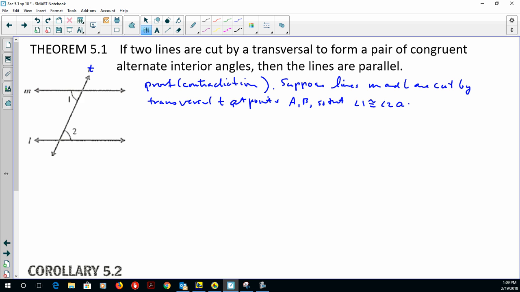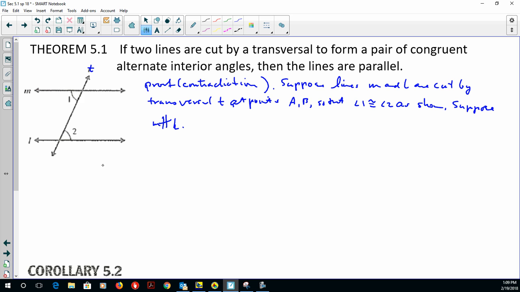And let's suppose further that M is not parallel to L.